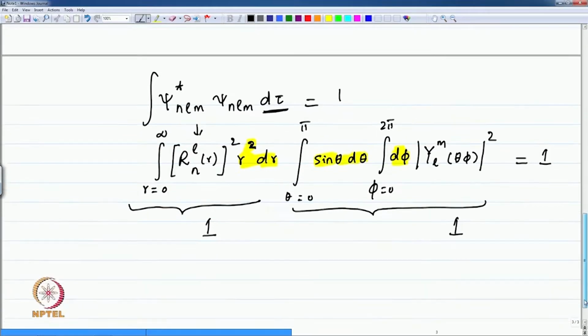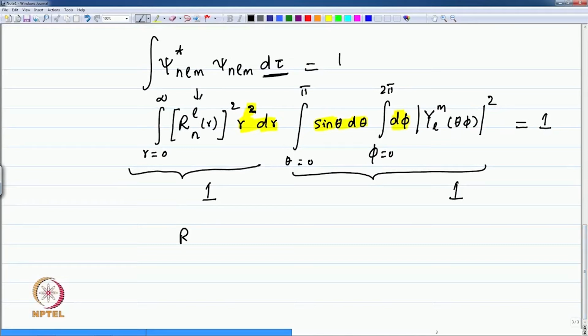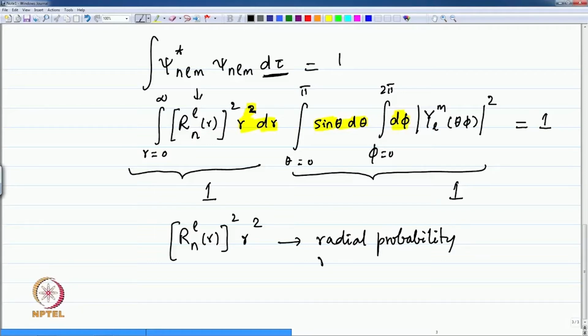Now you can see immediately why the quantity R n l of r squared is called the radial probability or radial distribution, because this probability, when it is calculated for all values of r from 0 to infinity, is equal to 1.